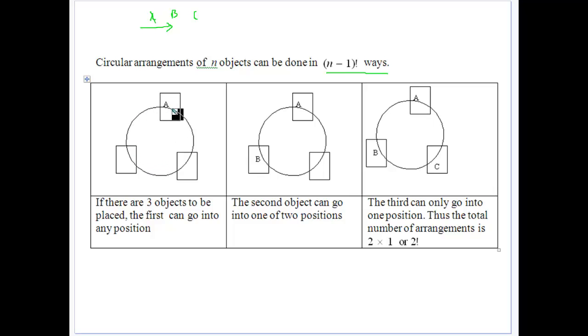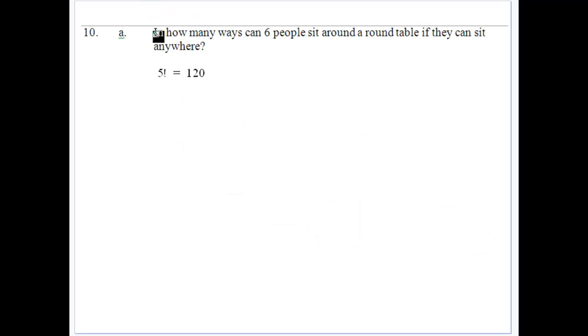So hopefully that makes sense, and the idea that a circle is different to having a straight line. A straight line automatically has a position at the front, whereas a circle doesn't have a particular spot until you put an element in. So if we've got 6 people sitting around a table and they can sit anywhere, how many different ways can we do that? Well, we can do that in 5 factorial ways.